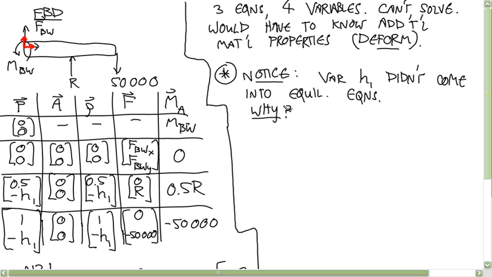And why was that? Because of the following rule for rigid bodies.